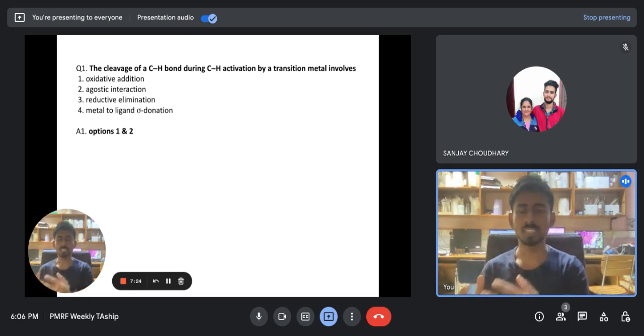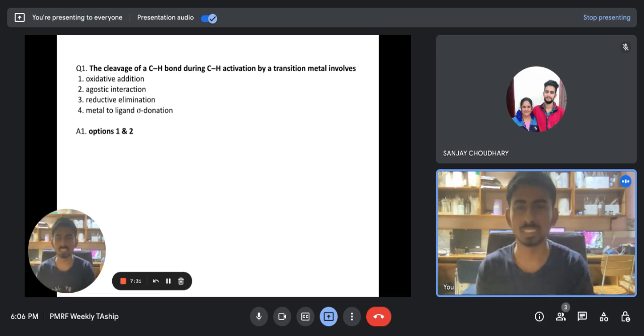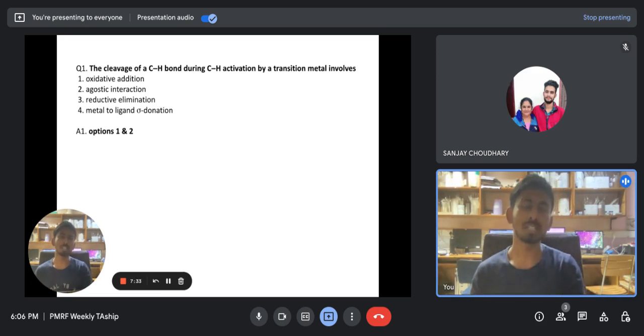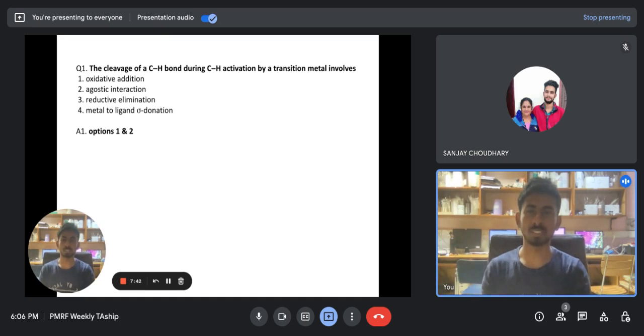So between the transition metal, the carbon and the hydrogen, they form a three-center two-electron bond. That's why this is called an agostic interaction. With its help, the C-H acidity increases and the C-H bond strength decreases, as a result of which C-H bond activation can take place by the oxidative addition pathway.